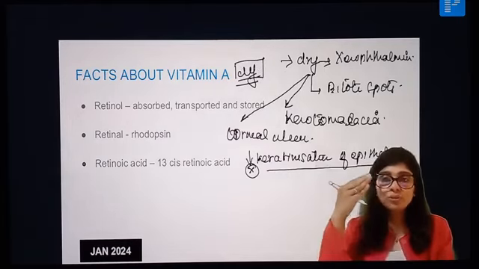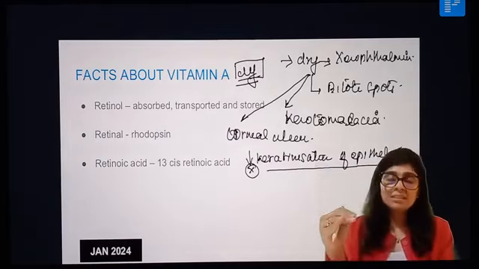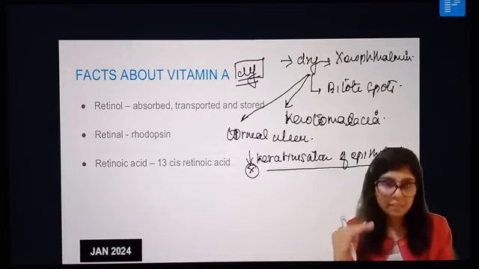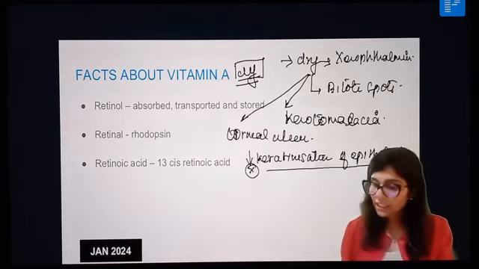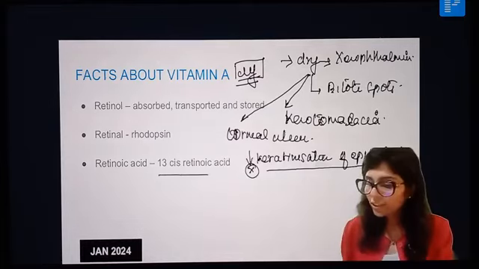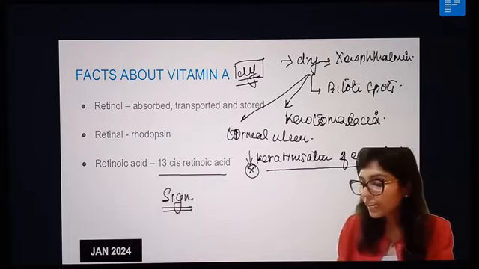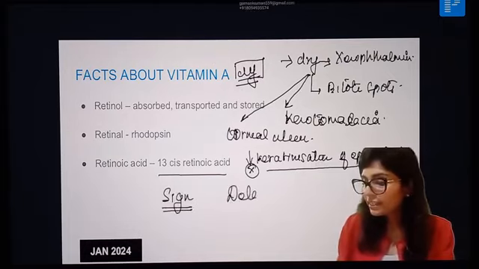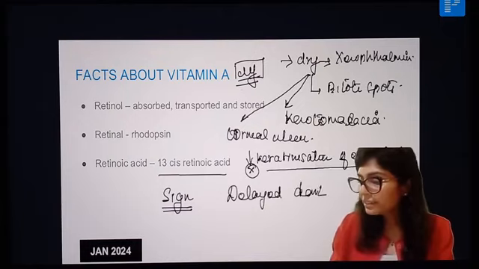First it becomes soft, then there will be corneal ulcer and corneal opacity. Is that clear, everybody? So that's about 13-cis retinoic acid. And which is the earliest sign of vitamin A deficiency? It is delayed dark adaptation time. The earliest sign is delayed dark adaptation time.